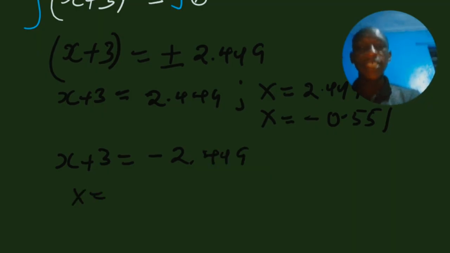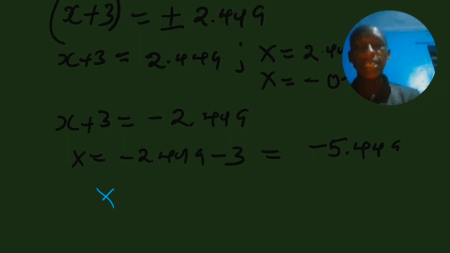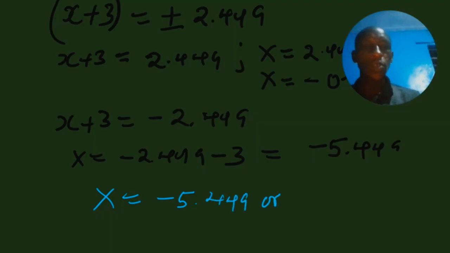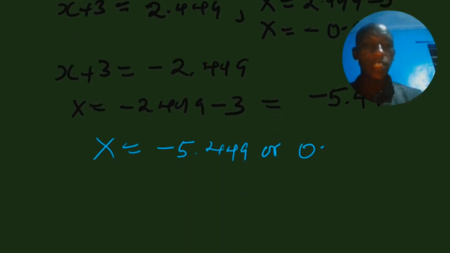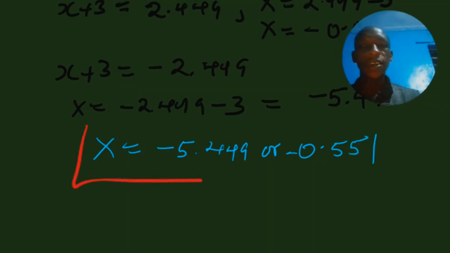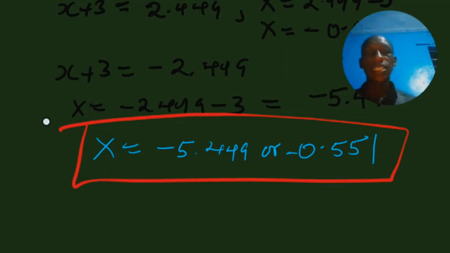That will mean that therefore x is negative 2.449, then 3 will now cross, now minus. This gives the value of x to be equal to negative 5.449. So therefore the values of x are negative 5.449, or the other one, negative 0.551. So this becomes the rightful solution of this quadratic equation.